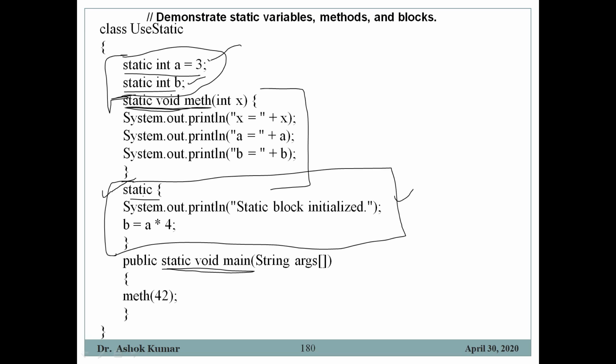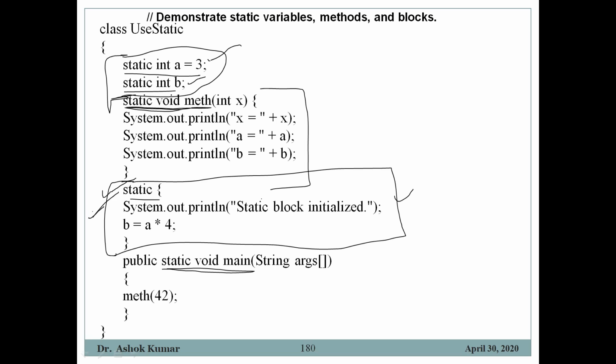So this static block will run before main. Keep in mind, whenever there is a static block, that static block will run before main. So first, when you run the program, A will get initialized to 3, B will be initialized to 0, then Java will run this static block.